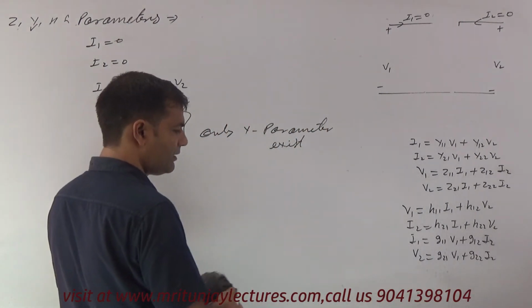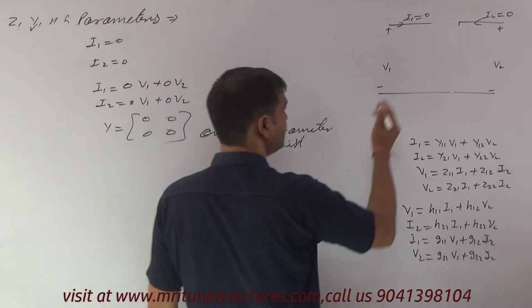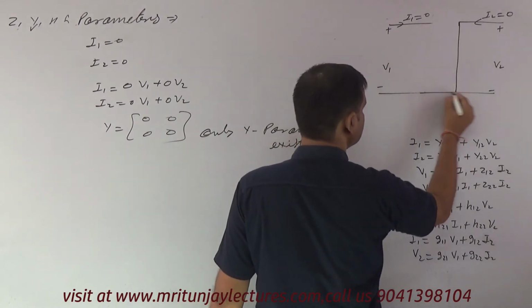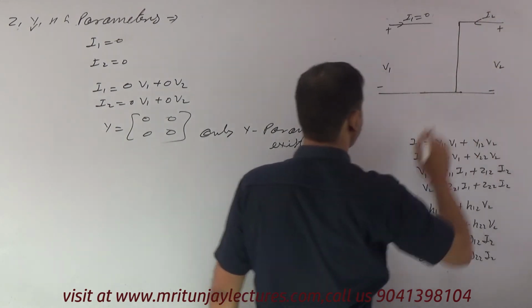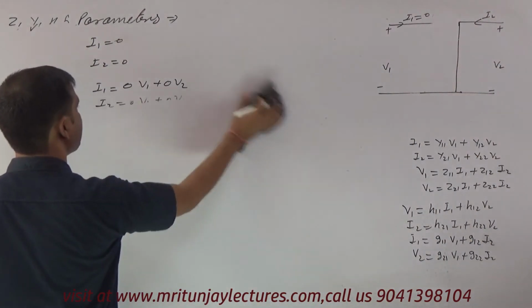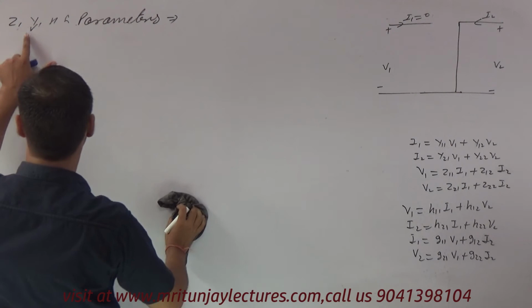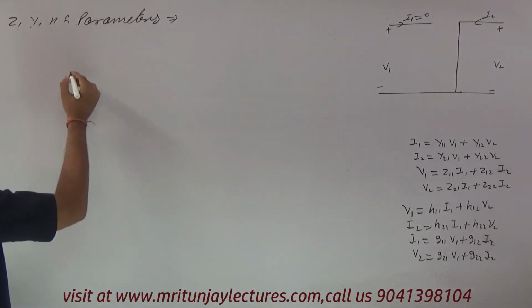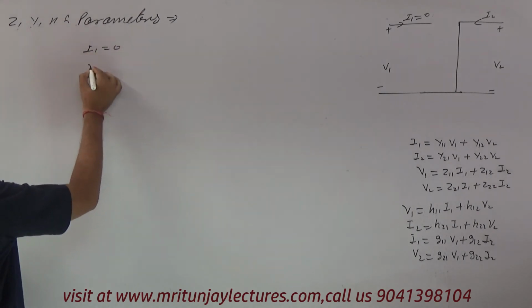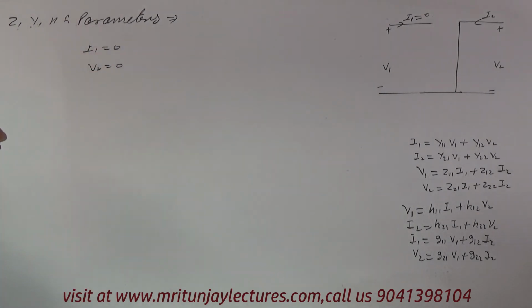Now another problem corresponding to this one. I1 is equal to 0, V2 is equal to 0.